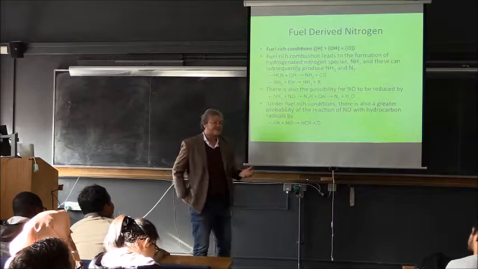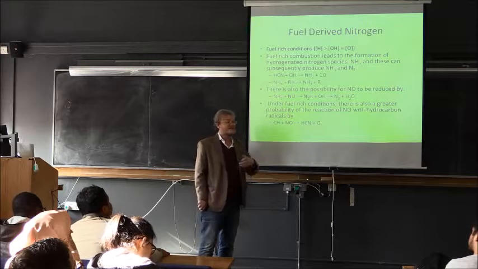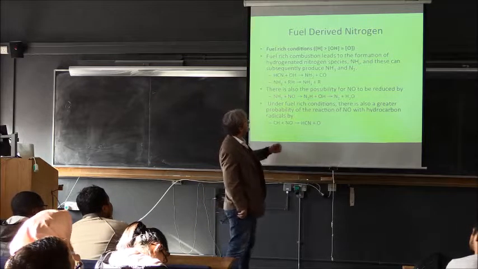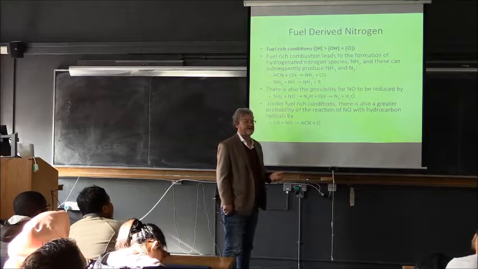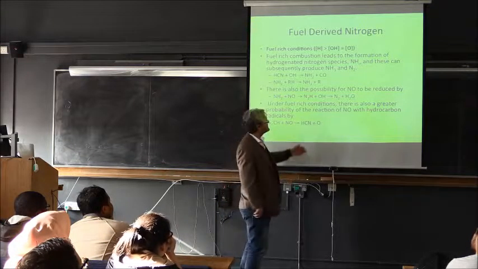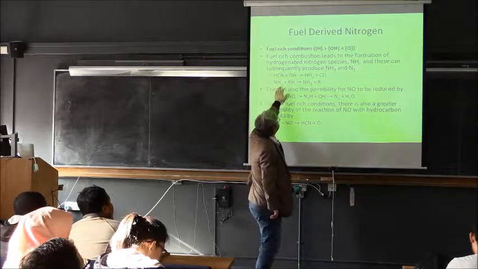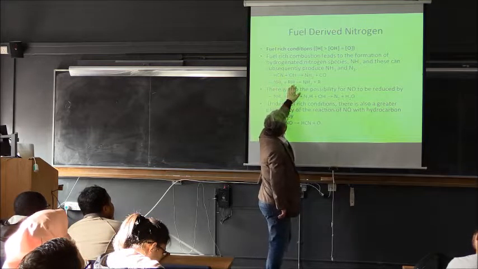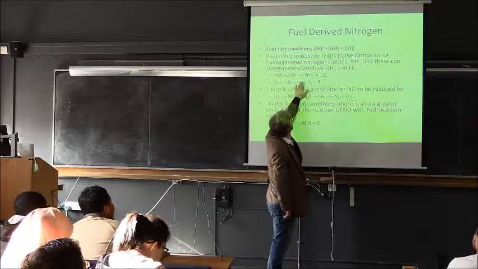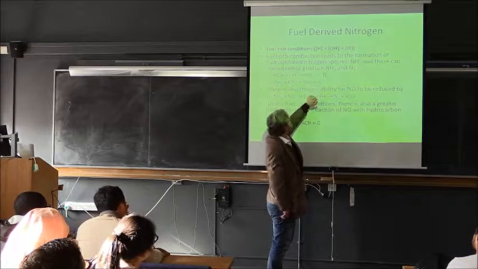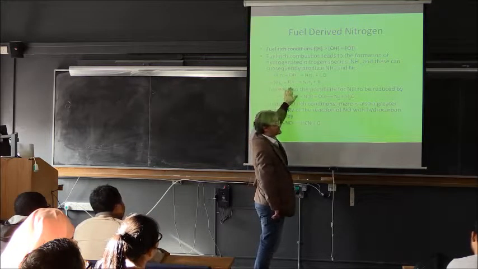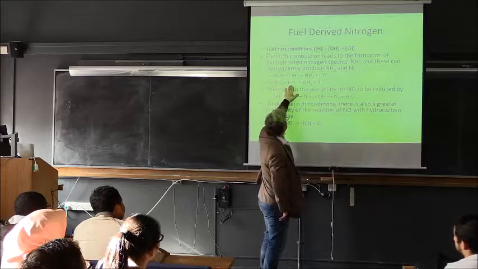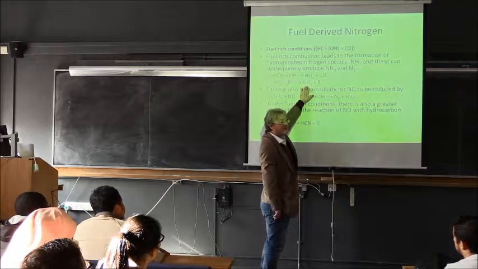Now the chemistry that takes place, since you don't have so much oxygen and so much hydroxyl, is as follows. The nitrogen produces HCN, hydrogen cyanide, which is sadly a highly toxic gas. But now it either interacts with hydroxyl to produce NH2 plus CO, or it interacts with hydrogen to give you ammonia.